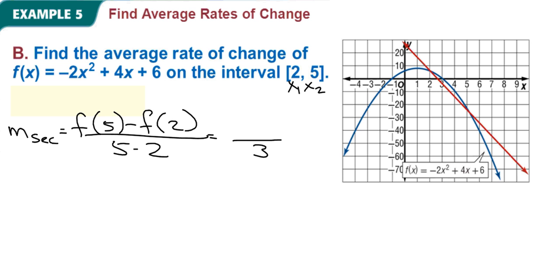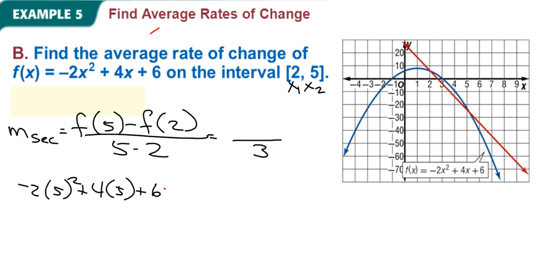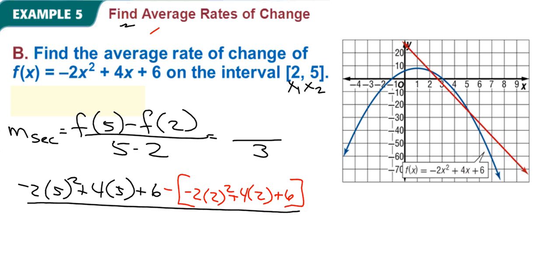I'm just going to leave that there, and then I'll put more in here. So I have negative 2 times 5 squared plus 4 times 5 plus 6 minus negative 2 times 2 squared plus 4 times 2 plus 6, and we just said it's all over 3, right?